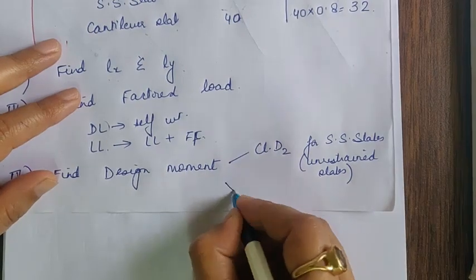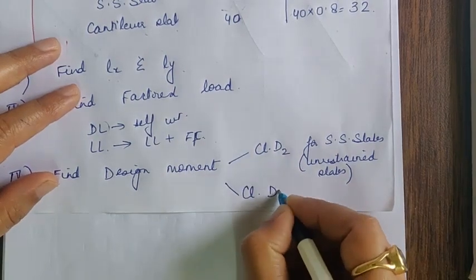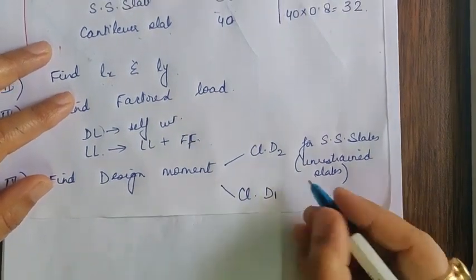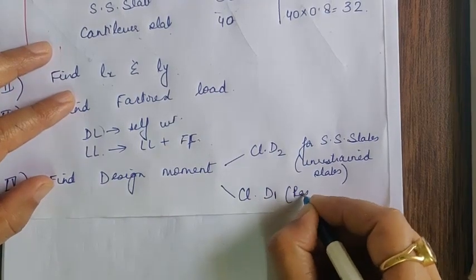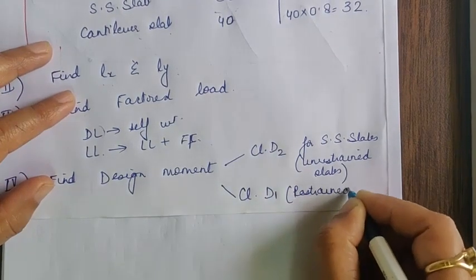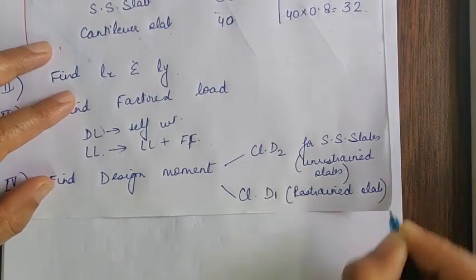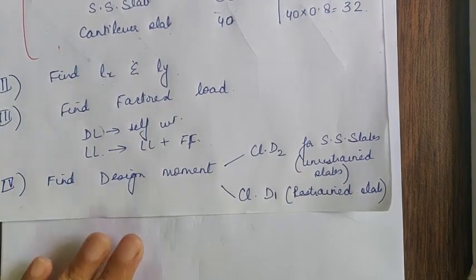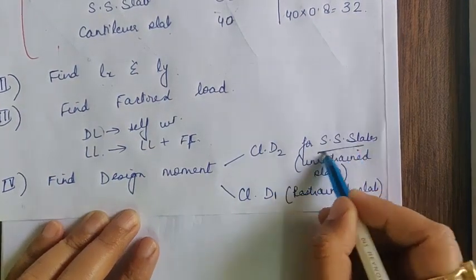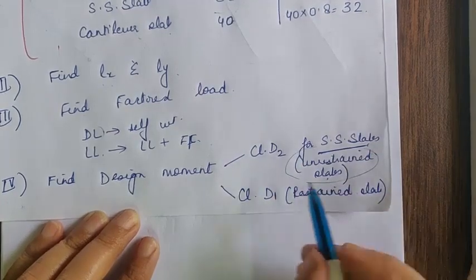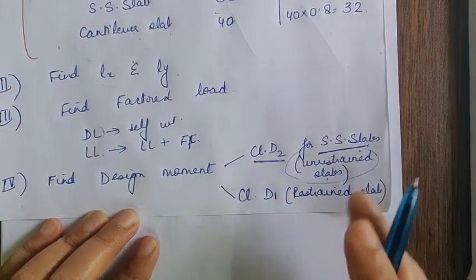And we'll be using criteria D1 if it is a restrained slab. So today I'll be doing simply supported slabs, unrestrained slabs. So I'll be using criteria D1.